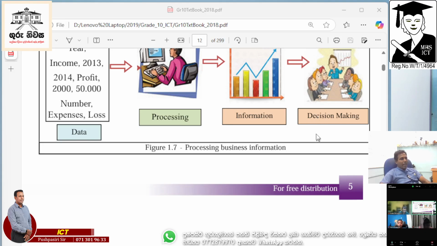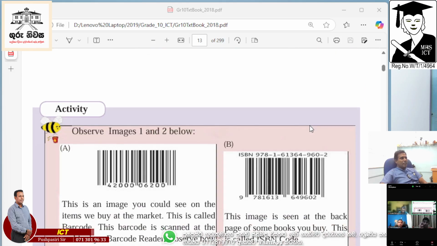If you get bad or wrong information, the decision that you are taking will also be bad or wrong, right? Therefore it is very, very important to have an information system which is very accurate and correct, and accurate information should be maintained. Clear? Right.